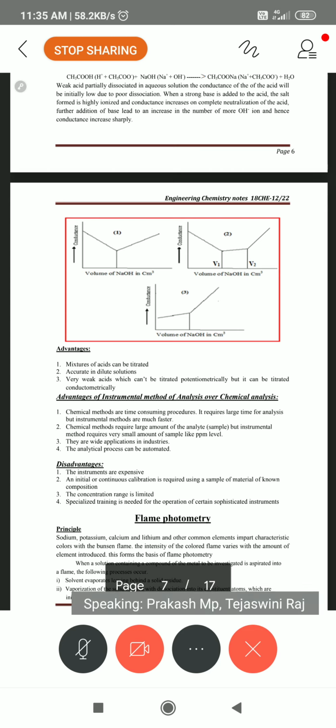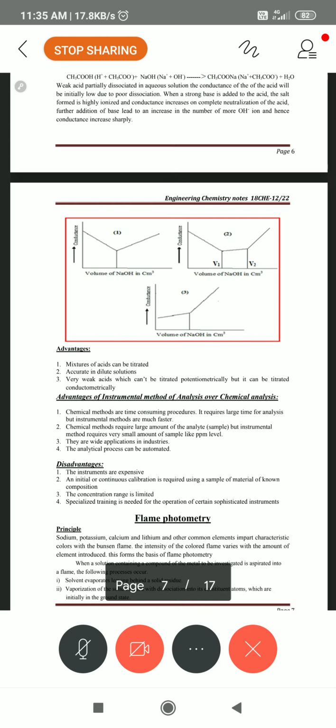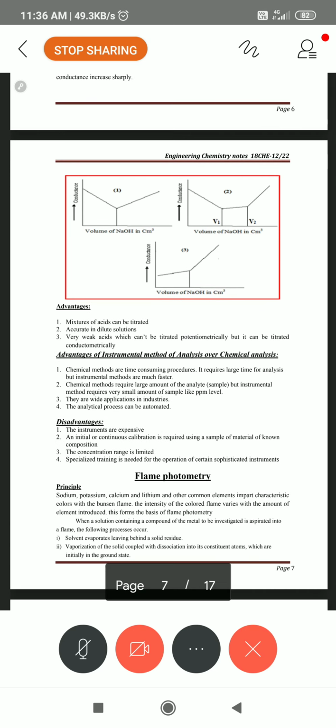Along with that we calibrate. Before the sample, the air is passing. There is a small pipe, the capillary pipe, which absorbs the air. If you put in the solution, it is aspirated, sucked up, and sent toward where the flame is burning, and the burning increases.